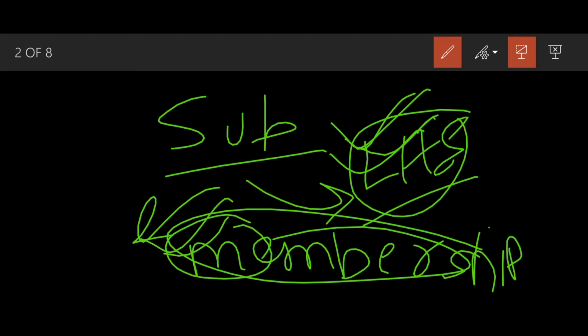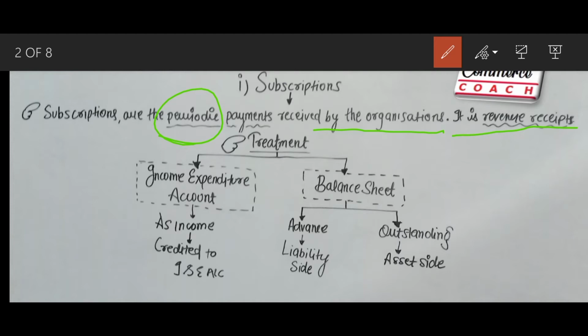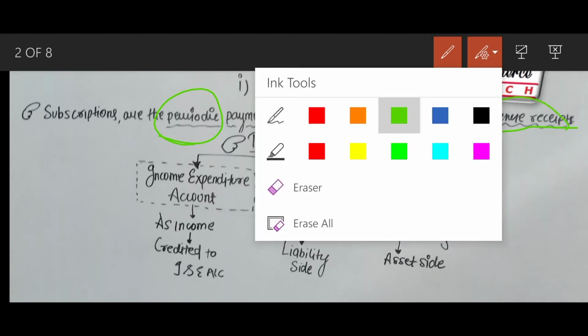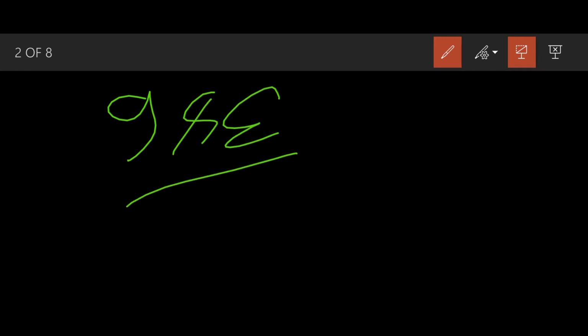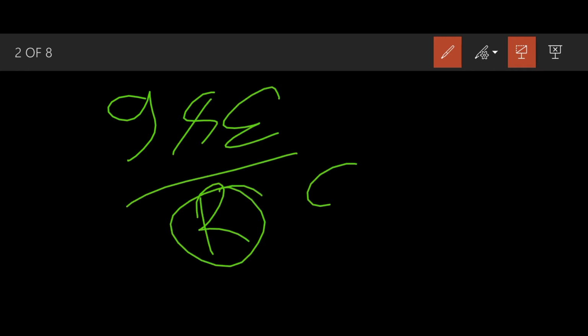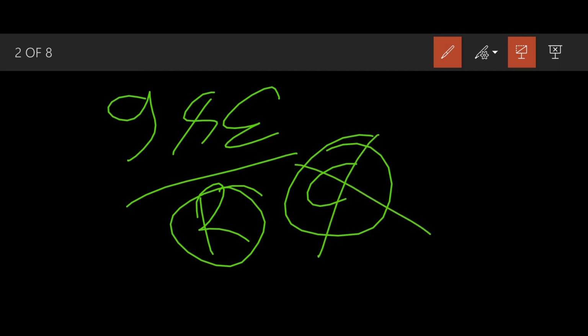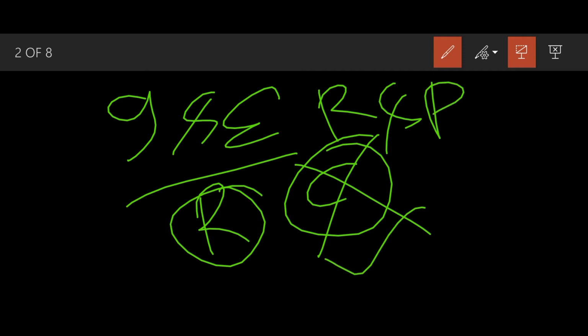But if you are receiving periodical payments after a specific period of time, then the treatment becomes quite different. It is a periodical payment received by the organization, and it is a revenue receipt and not a capital receipt. As we learned in our last lecture, in income and expenditure account we only record revenue receipts and not capital receipts. However, in receipt and payment account we record both.